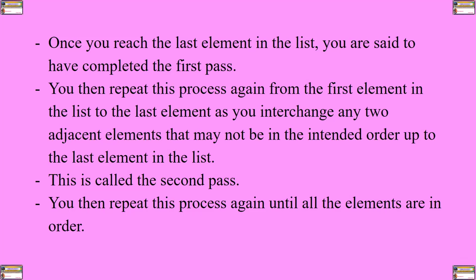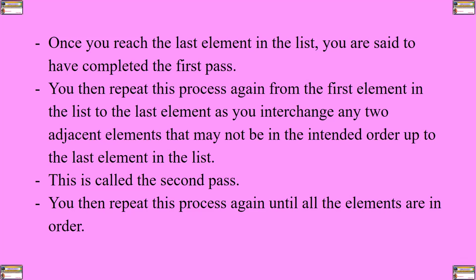And how do you know that the elements are in order so that the sorting process can stop? You are able to tell that all the elements have been sorted if you carry out a complete pass of scanning the elements without swapping any.